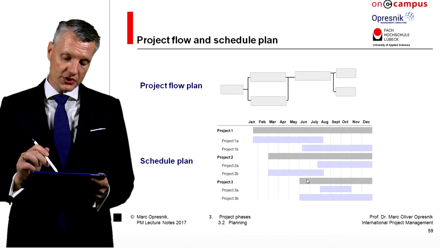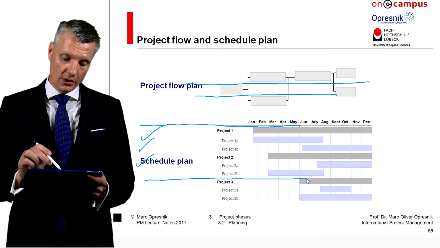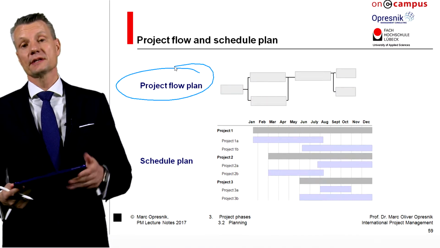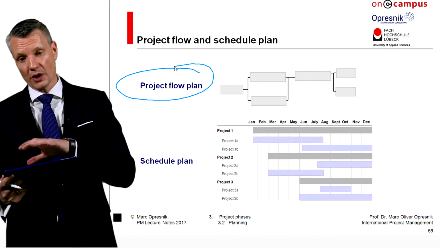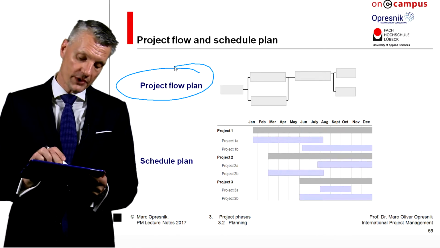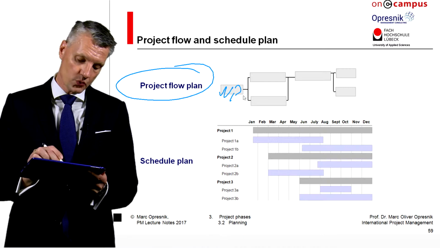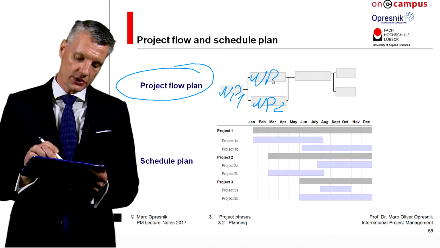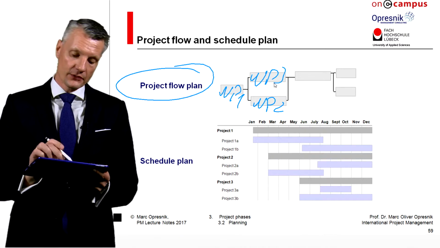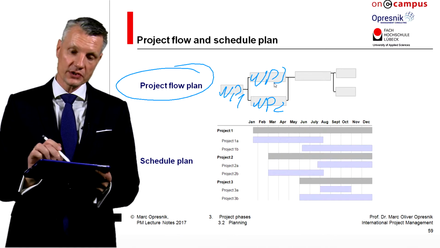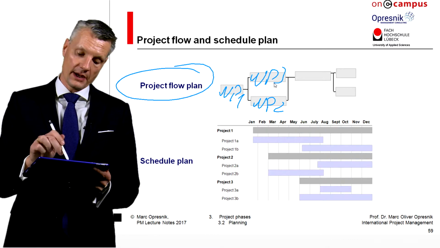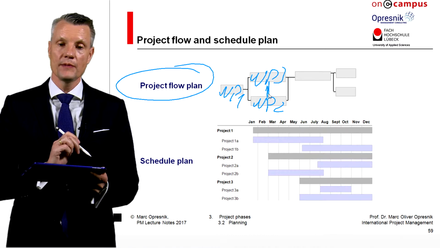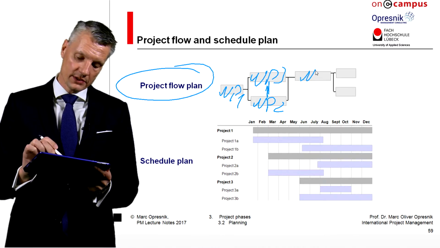A generic project flow plan looks like this one here. This is something like a network plan. You have here, for example, working package 1, then you have working package 2, working package 3, and you see that different kind of working packages or tasks can be done in parallel, like these two here, 2 and 3, and some are dependent on one another.